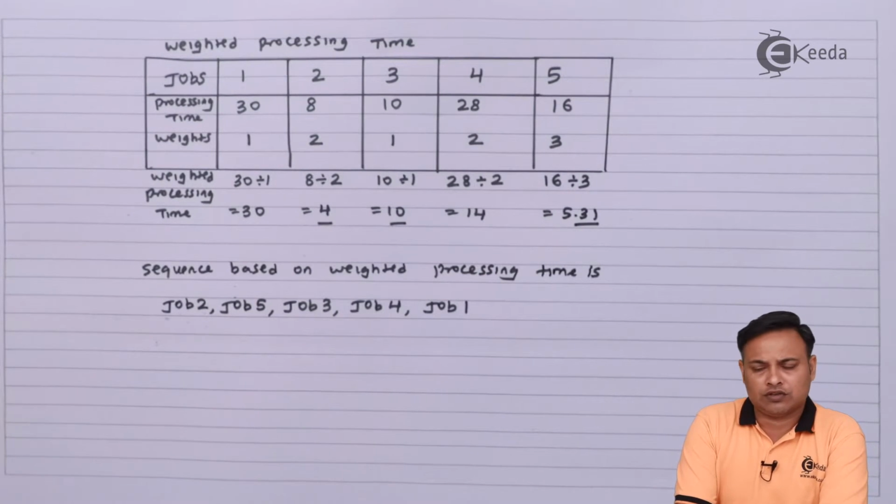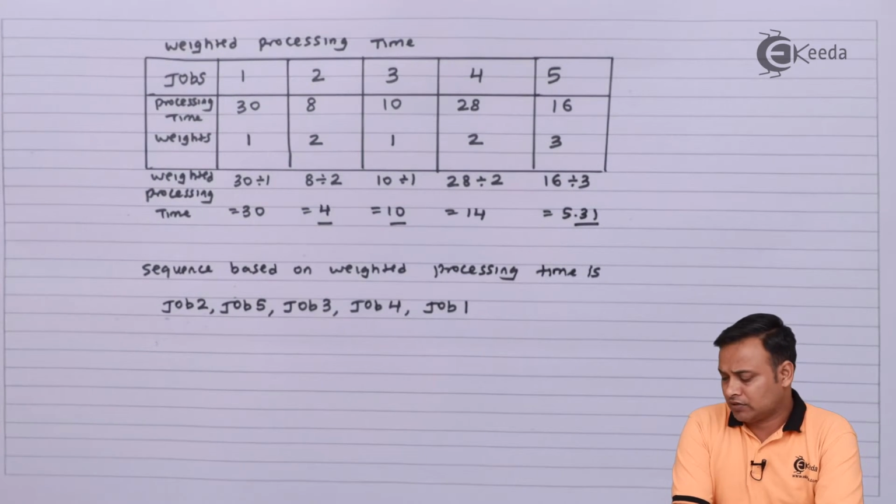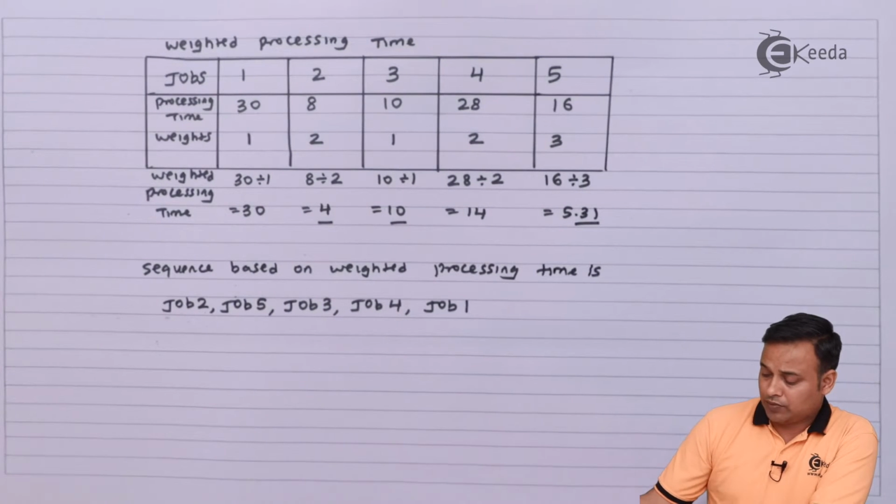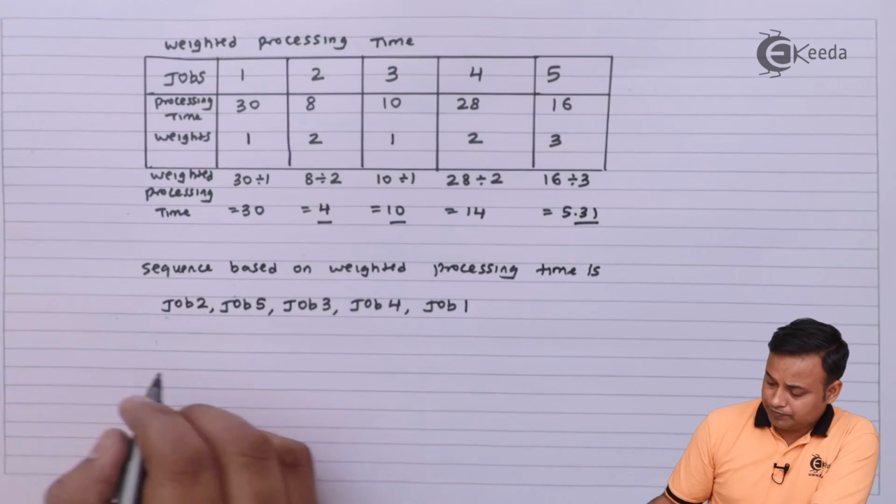So we have shuffled the numbers because of the weights, and our sequence has changed, and now that the sequence changes, our weighted mean flow time will also change. The last part will calculate the weighted mean flow time.